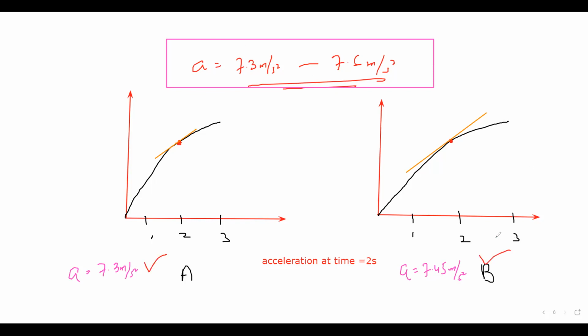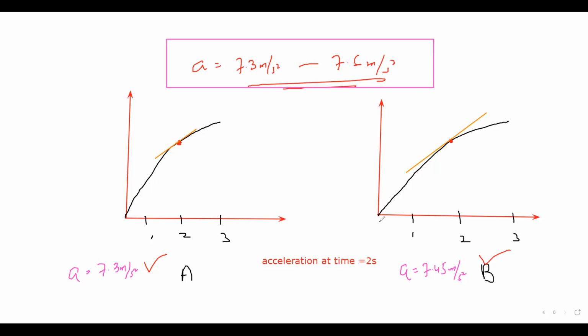But which one is more accurate? Student B's answer is more accurate. Why? Because when you draw a longer tangent, you cover a greater space, and that increases the accuracy of the answer. So the answer is right for both student A and B, but the accuracy of student B will be greater. Is it clear? So it's not about right or wrong.